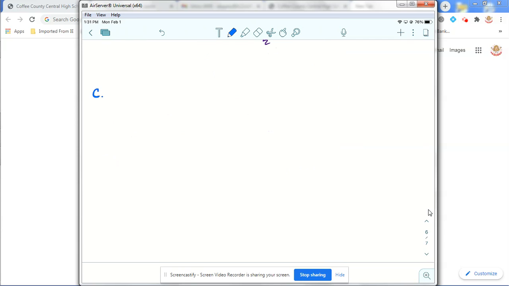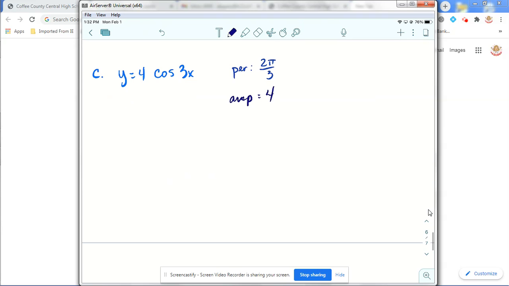And then for our last one, we have y equals 4 cosine of 3x. So we are going to go from 0 to 2 pi over 3.